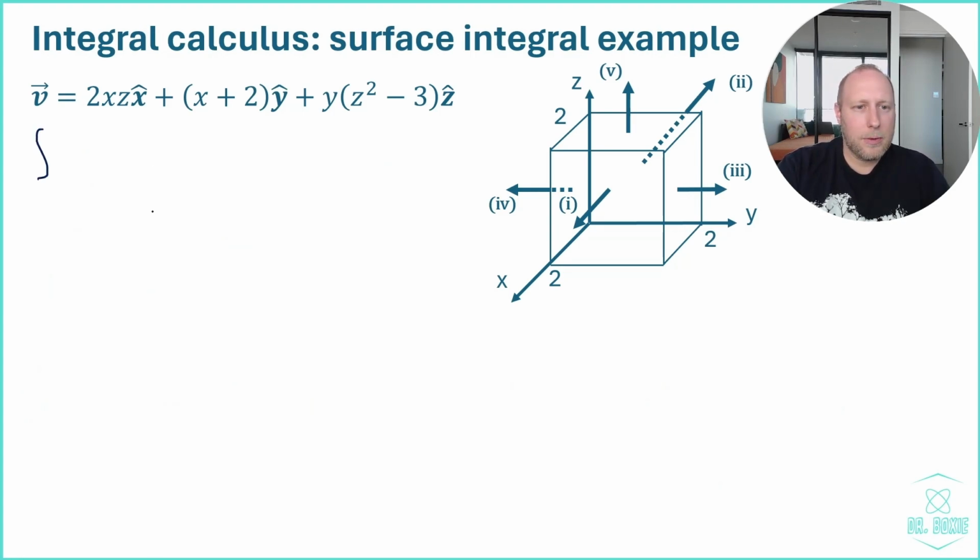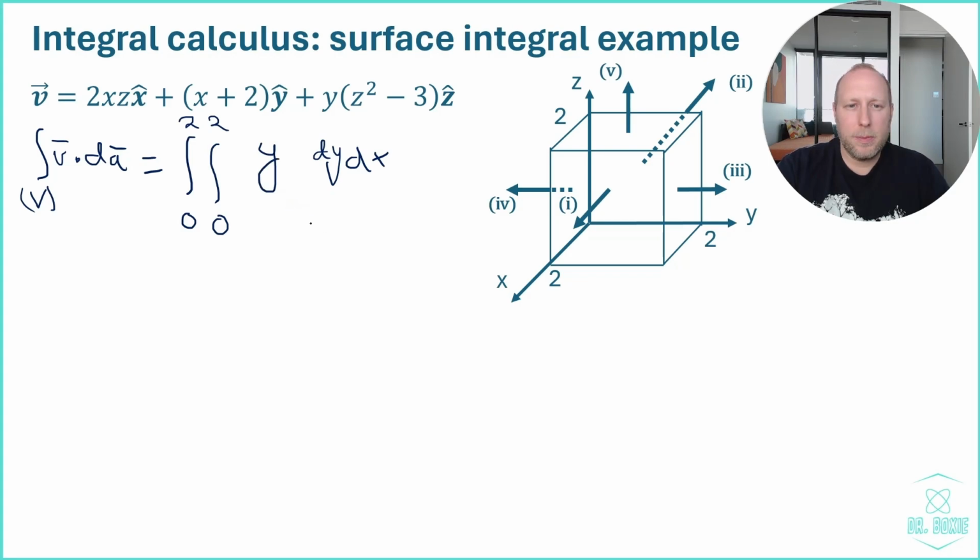So the integral over face number 5 of v dot dA is the double integral over x going from 0 to 2 of the integral over y going from 0 to 2 of the integrand which we found to be y.